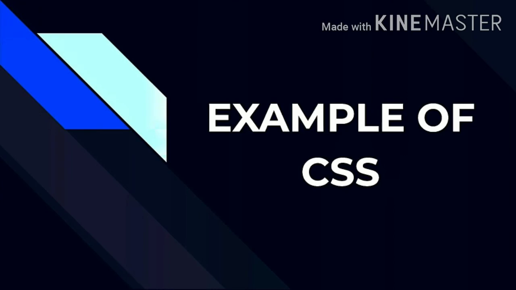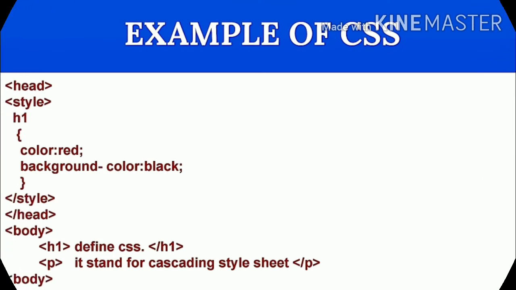Now I give the full example of CSS in the HTML page. You can see that I use the head pair tag and the body tag. In the body tag, I use the h1 pair tag and the paragraph tag. I want to make some changes in the heading tag, so that's why I use the style sheet in the head tag.